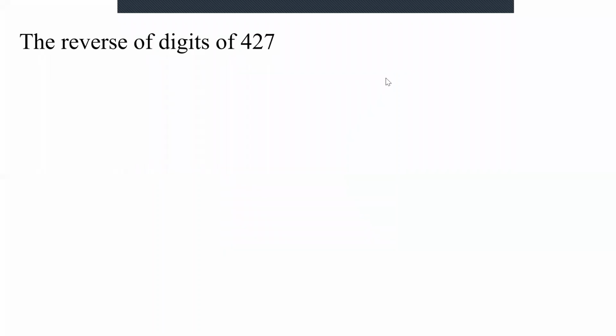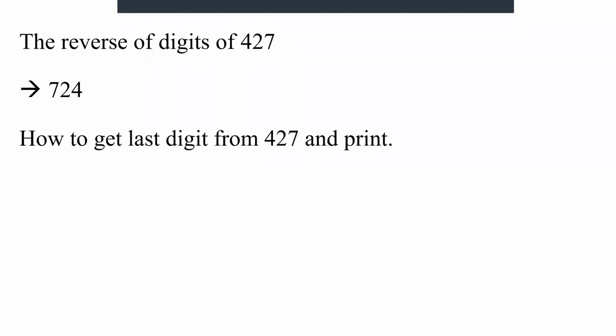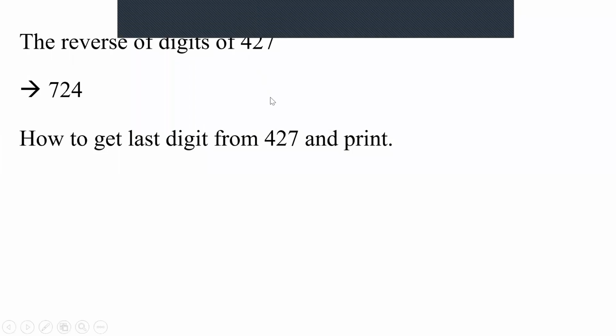Okay, so you will be getting the number 724. So this will be the reverse of the number 427. Now we will see how to do this using a C program. In order to print the reverse of the digits, what is the first thing we want?